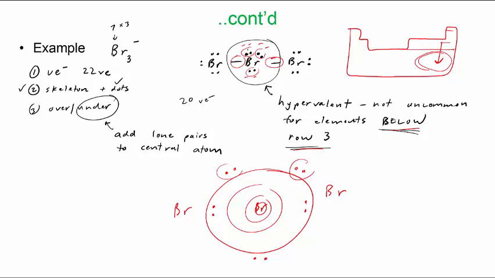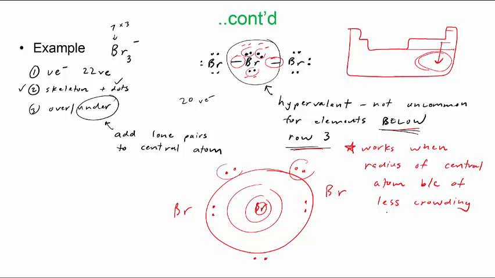So hypervalency works when the radius of the central atom is big, because of less crowding of electrons.